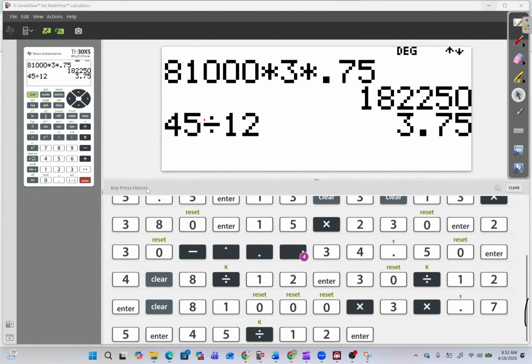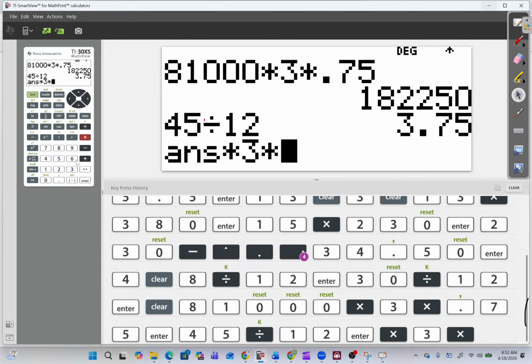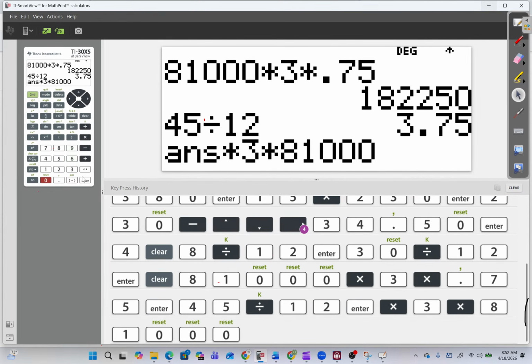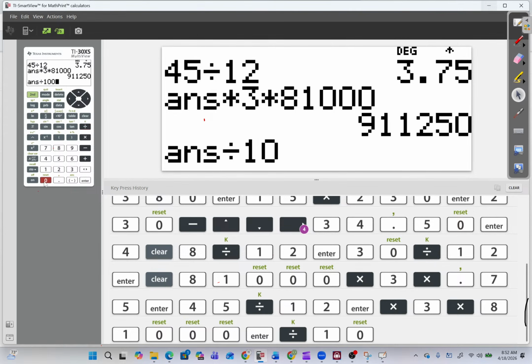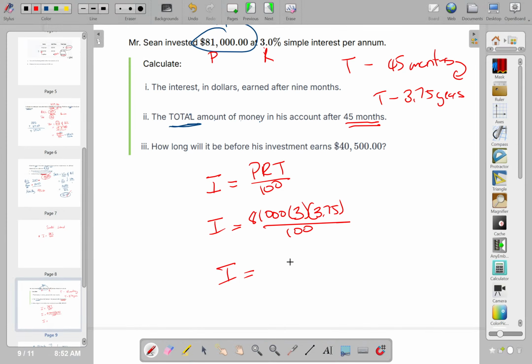Right? So let's pull up the calculator here. We're going to do 3.75 times 3 times 81,000, divided by 100. All right, there we go: 9,112.50. We don't finish here. Sometimes students give me this as the answer, but that is the additional money that he earned.